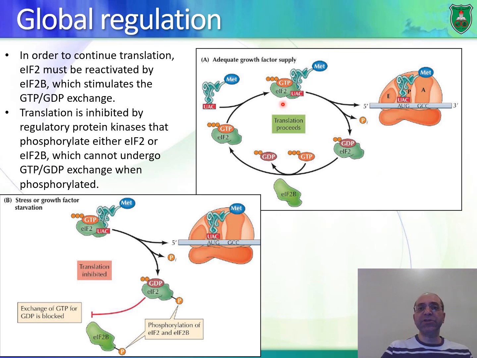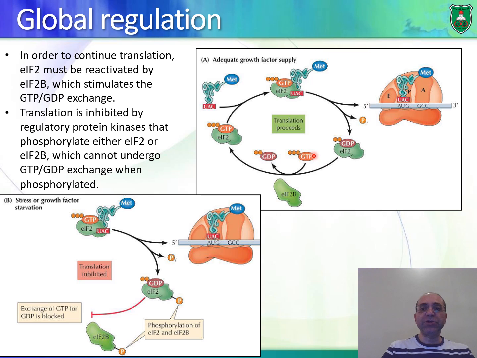So whenever initiation factor 2 binds to the initiating tRNA and brings it to the ribosome, you have hydrolysis of GTP to GDP. We already talked about that. Now, in order to allow for this initiation factor to restart another round of translation, GDP must be replaced by GTP.